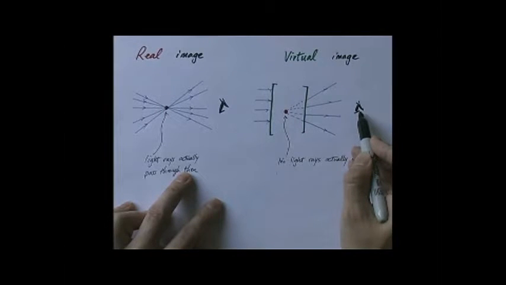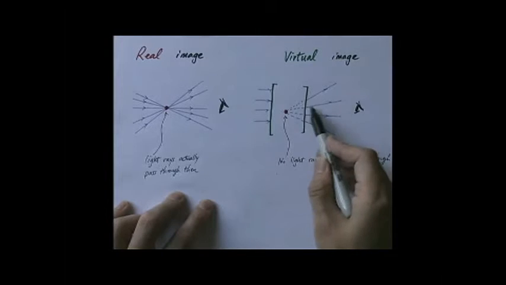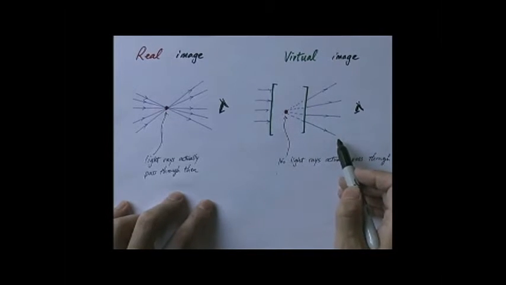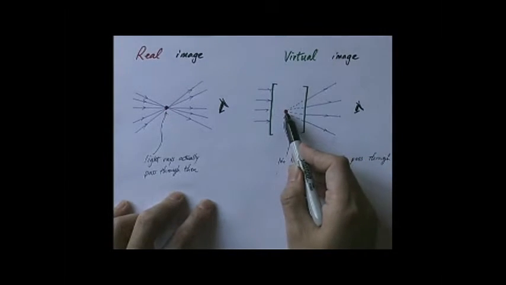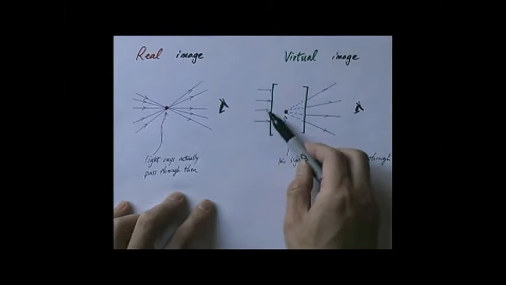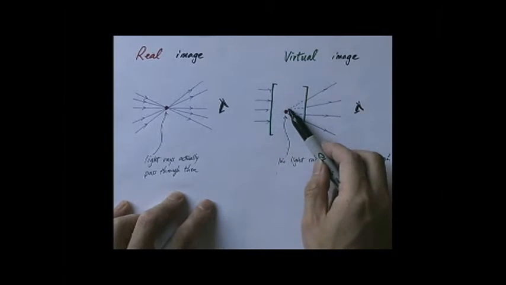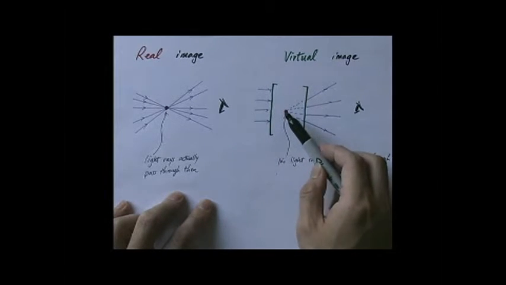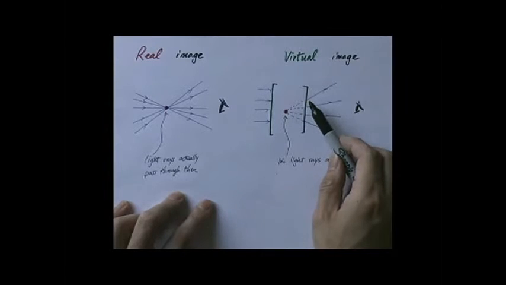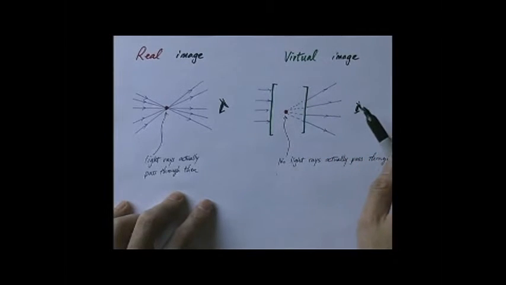And what do we see? Well, we see these light rays coming towards our eyes, and they appear to originate from there. Now, is there really something there? Not really. The light rays are like this. Nothing is really there. This is not where light rays actually originate, but it just appears to be so.